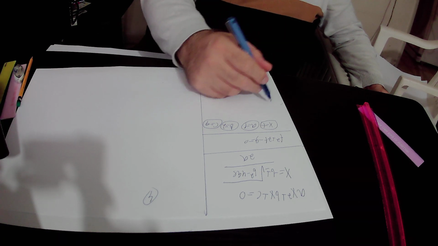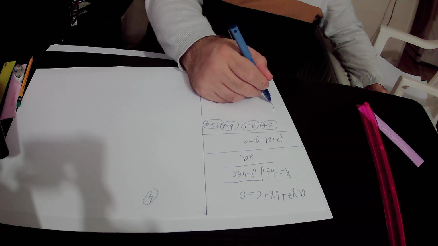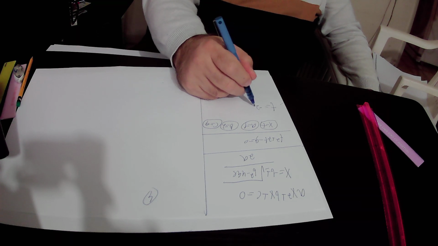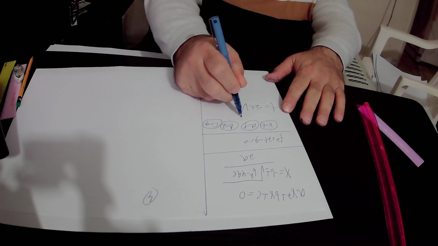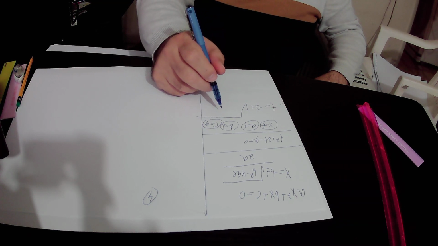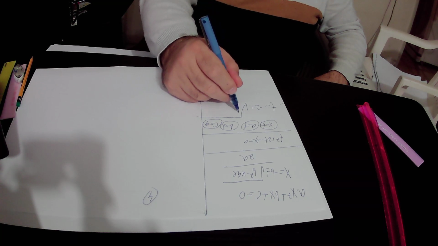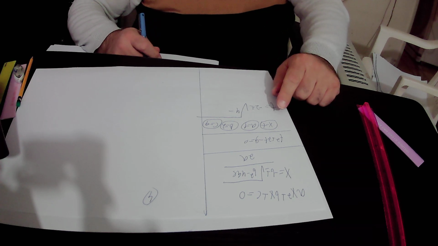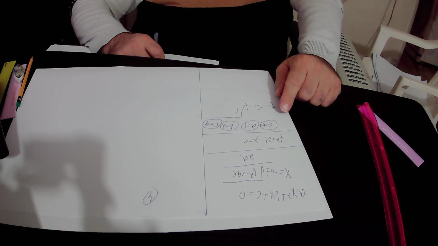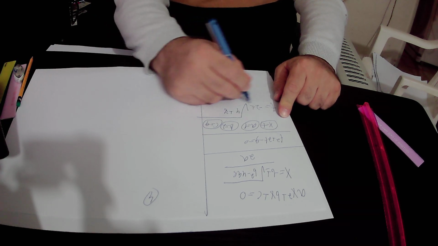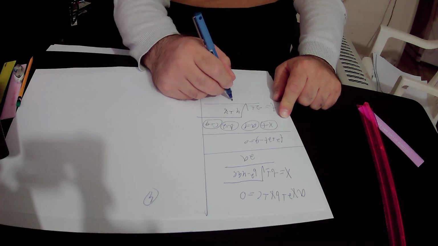So we'll do it now, and we'll get that t equals minus b, b is 2, so minus b is minus 2, plus minus square root of b squared, b equals 2, so b squared is 2 squared, 2 squared is 4, minus 4 times a is 1, and c is minus 9, so minus 4 times minus 9 is plus 36, over 2a, a is 1, so 2 times 1 is 2.